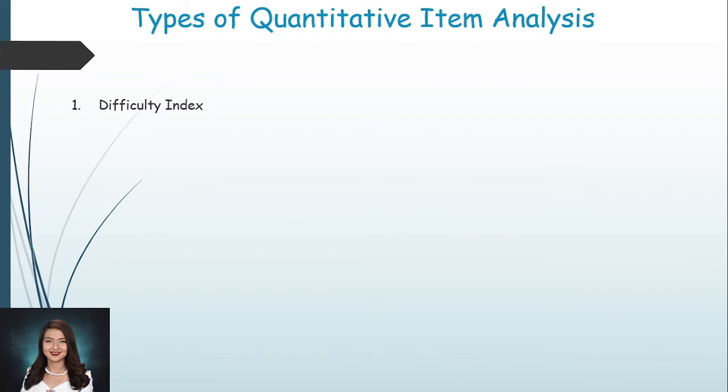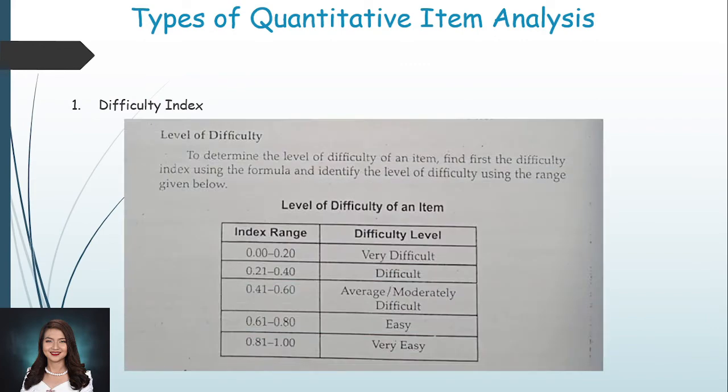Next, let's proceed to level of difficulty. To determine the level of difficulty of an item, find first the difficulty index using the formula and identify the level of difficulty using the range given below. So we have here the index range and the difficulty level.